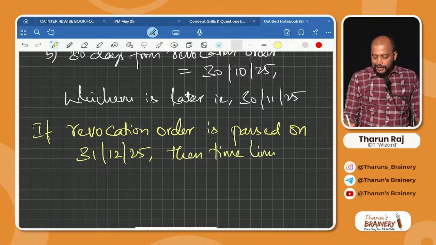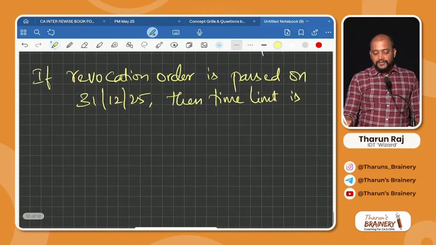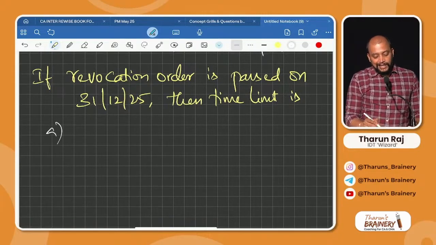Then the time limit is, if the revocation order is passed on 31st December 2025, A, the regular time limit.